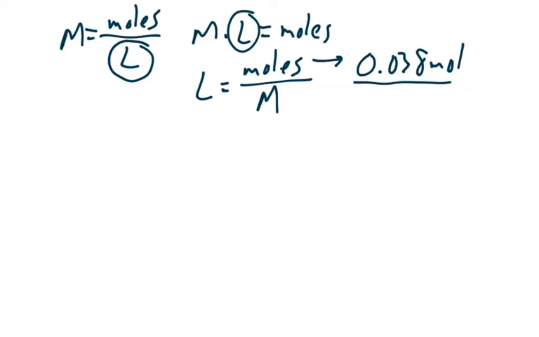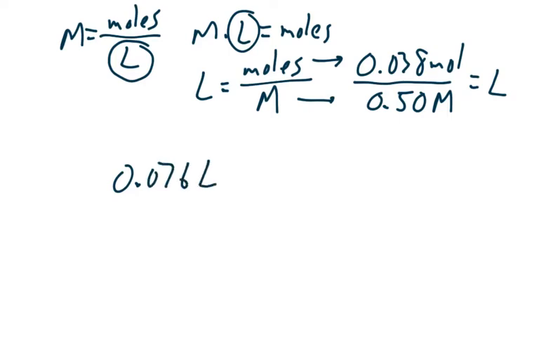And they also gave you the molarity in the question, which is 0.50 molarity. So when we do the math here, we're going to end up getting a volume. And remember that the volume comes out in liters when you do this. So you're going to end up getting 0.076 liters.